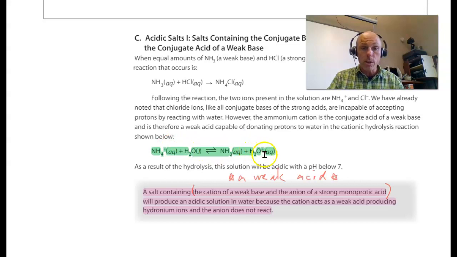With the generation of hydronium, the pH would be less than 7 were this ammonium ion dissolved in water. Ammonium is a weak acid, and if in a salt is a weak acid, often the pH will be less than 7. We'll talk about times in which it wouldn't.